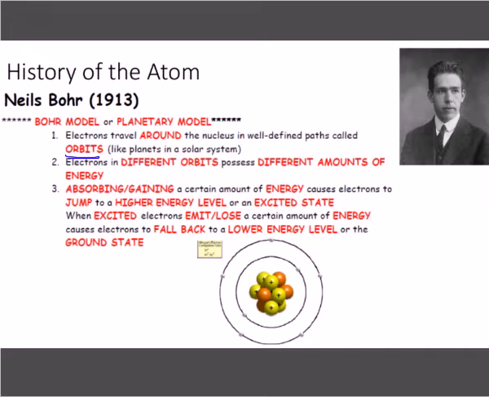Electrons in different orbits possess different amounts of energy, and they absorb or gain a certain amount of energy, which causes the electrons to jump to a higher energy level, or what's called an excited state. When excited, electrons will emit or lose a certain amount of energy, which causes the electrons to fall back to the lower energy or the ground state.